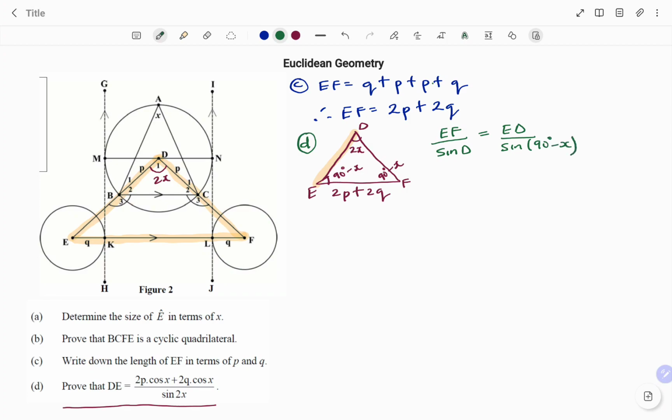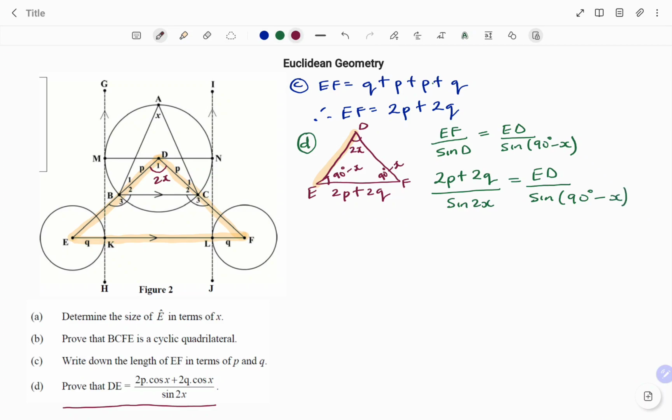If I put in my values, I have EF, 2P plus 2Q over sine D, that's sine 2x, equals, I have ED, that's the distance I'm looking for. I'm going to write that properly. I have ED over sine 90 degrees minus x.